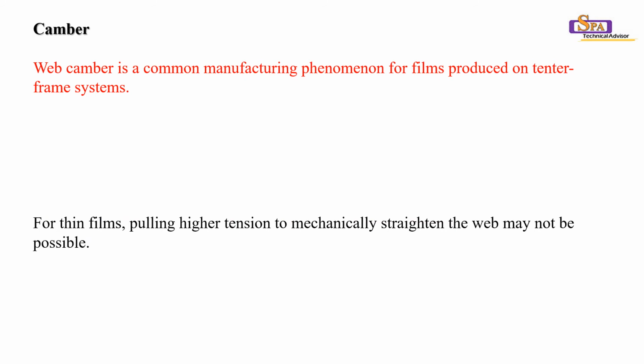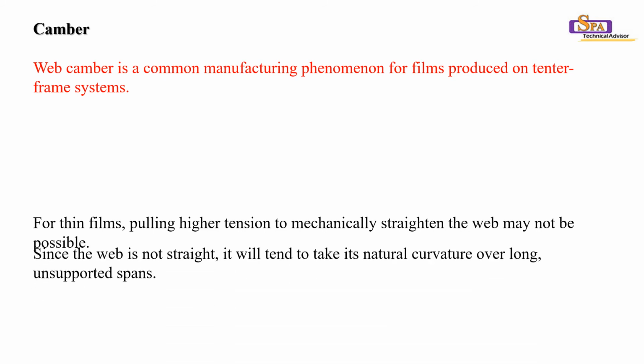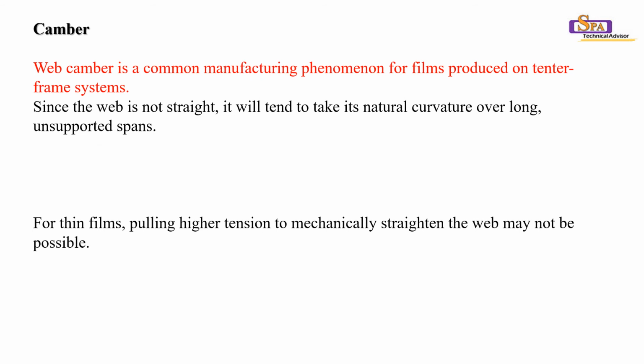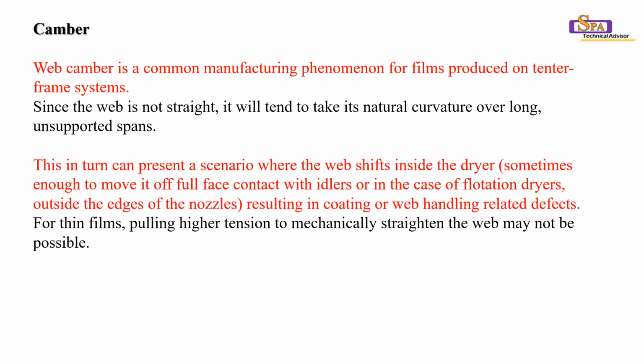Wave camber is a fairly common manufacturing phenomenon for films produced on tenter frame systems. Since the wave is not straight, it will tend to take its natural curvature over long unsupported spans. This in turn can present a scenario where the web shifts inside the dryer.